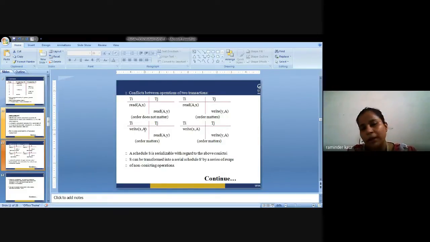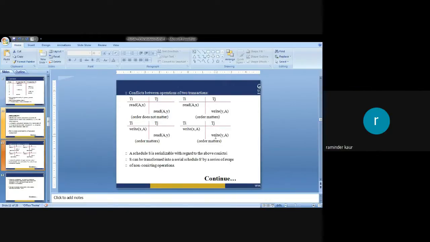So again order matters because a write operation is involved. And in the fourth example, write is performed and again write is performed. So order properly matters. A schedule is serializable with regard to the above conflicts if it can be transformed into a serial schedule by a series of swaps.